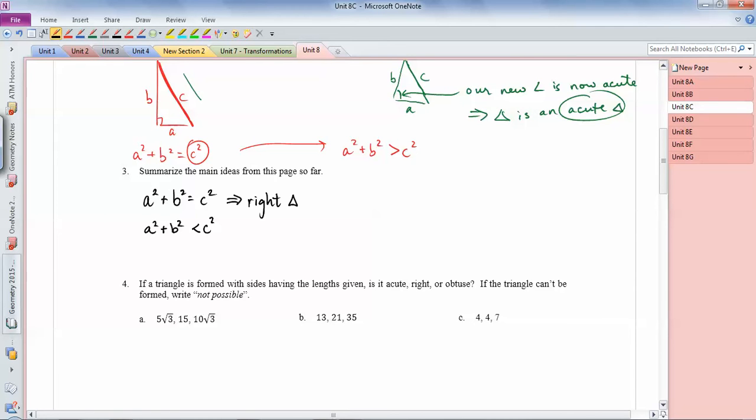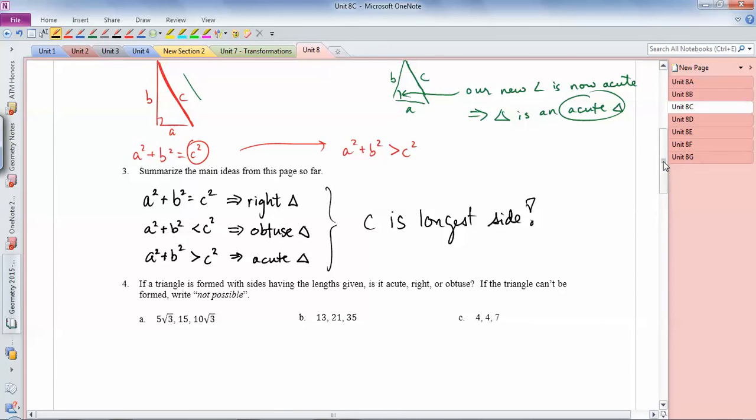And if you picture making C longer, that's going to make the right angle an obtuse angle, so you get an obtuse triangle. And if instead of equals C squared, you made C a little shorter, then you're going to end up with an acute triangle. Remember though, in all three cases, C is always the longest side.